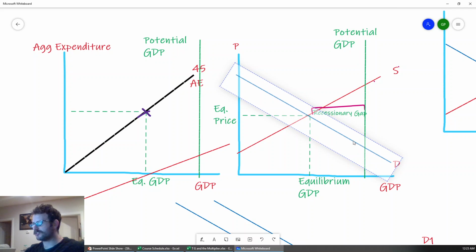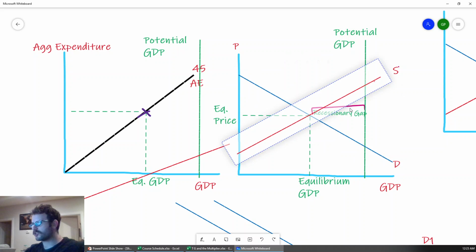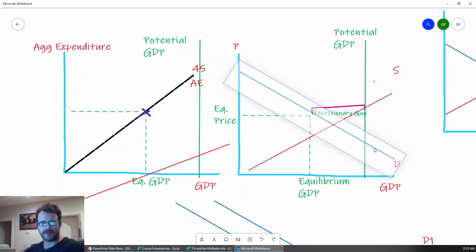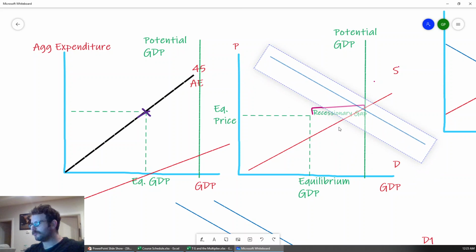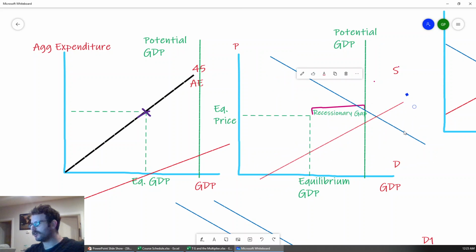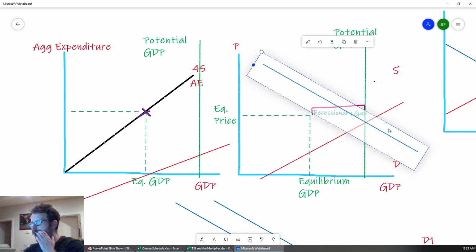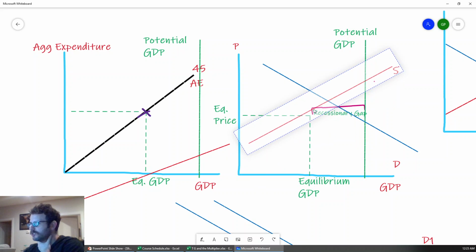So right now there's essentially deflation, where you kind of want deflation, such that price is lower, leading to a supply shift downwards, and maybe then you can induce some aggregate expenditure increase that'll increase your demand and have that meet over here, and eventually the two meet at your potential GDP. That's going to take a while. So really you want some sort of policy implication, which is going to be the thing we're going to talk about next.